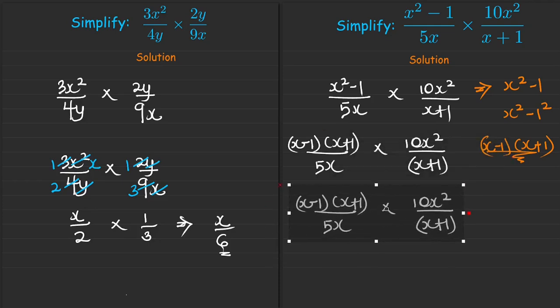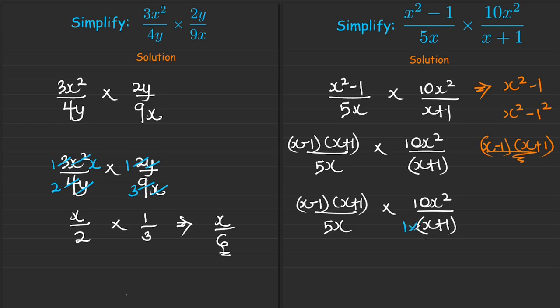So let me just write all this here again. So that for our cancellation, we said we can either do it vertically or diagonally. Looking at it in the vertical lens, there is nothing to cancel. But if we want to do it diagonally, we have x plus 1 here, and we have x plus 1 here. And since they are both factors, remember we said we can only cancel out if they are factors, not sums and differences.